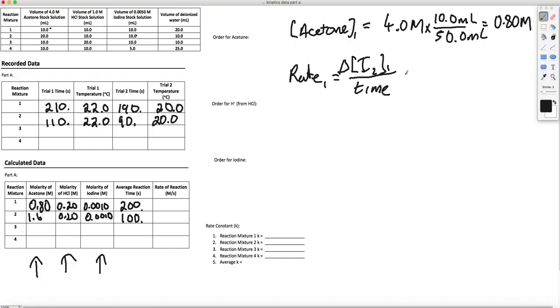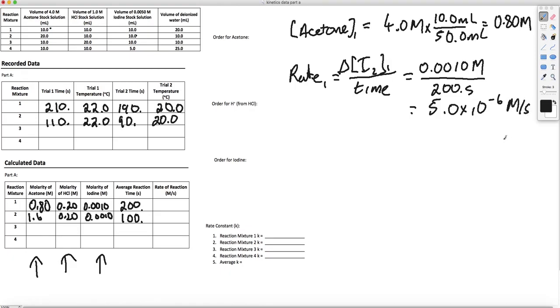And that would represent then the change in the concentration of iodine, which is going to be 0.0010, what it starts at, and it goes down to 0 eventually, of course. That's the change in concentration of iodine. And the time there, for the first one, is going to be 200 seconds. That comes out to be about 5.0 times 10 to the negative 6 molar per second as the unit on the rate.